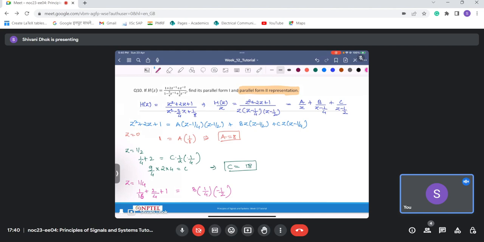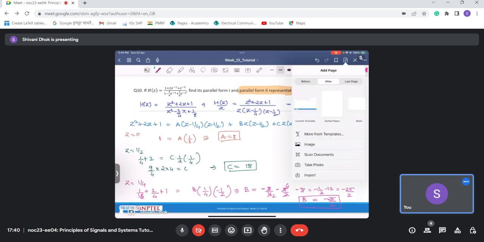So I can write it as b is equal to minus 8 by 16 minus 8 by 2 minus 8. So this comes out to be minus 1 by 2 minus 12. So this is equal to minus 25 by 2. So b comes out to be minus 25 by 2.